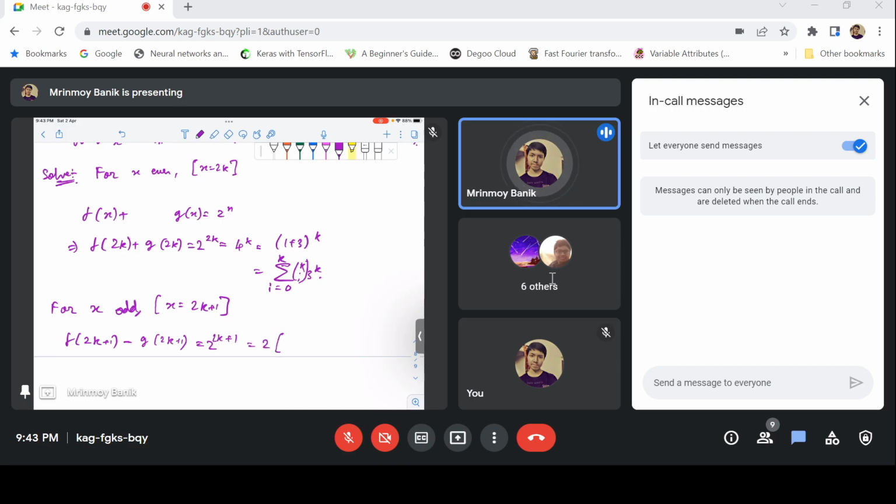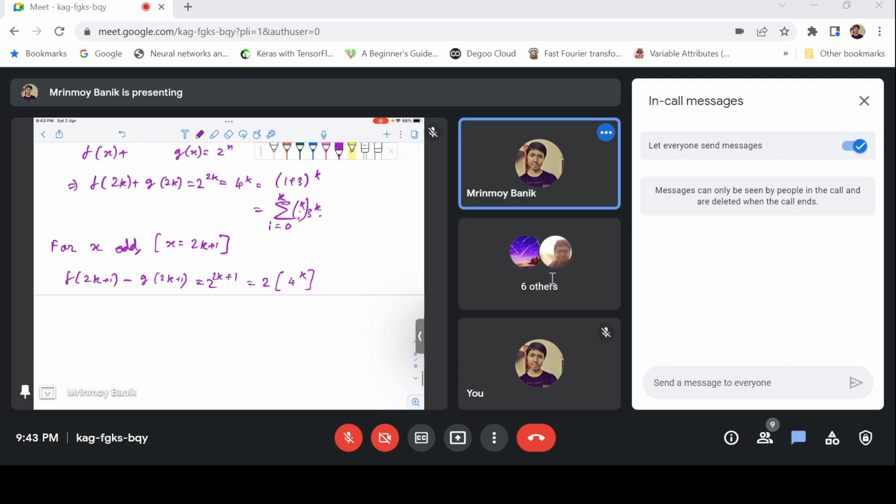So that is twice 4 to the power k, which is twice the sum over i from 0 through k of k choose i times 3 to the power i.